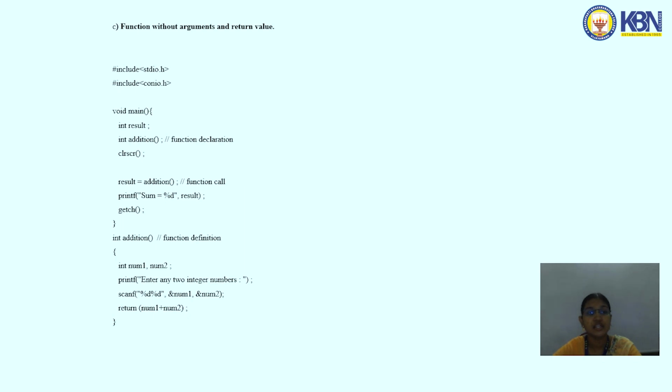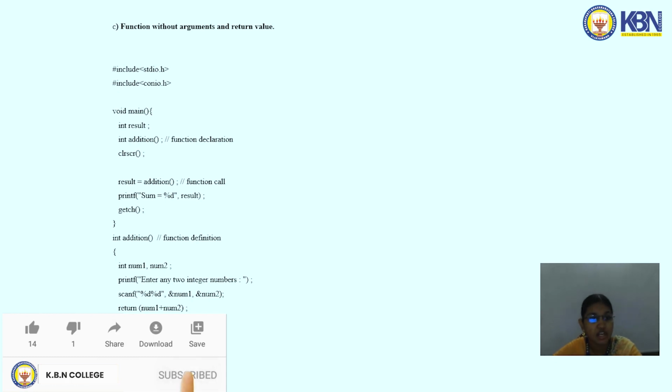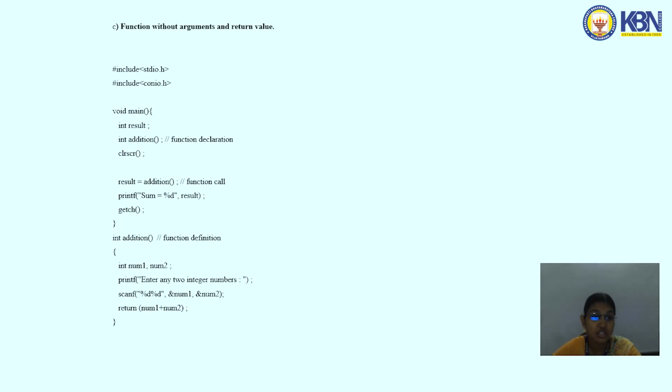Now the third category is function without arguments and with return value. It means in that program you do not have arguments but you have a return value. Let's see, I have declared result. Next one is addition. Now I am declaring the function name after the int return type. It means you have a return value. For example, if you write void, it should not return anything. Here I am calling the function and assigning it to another variable, that is result.